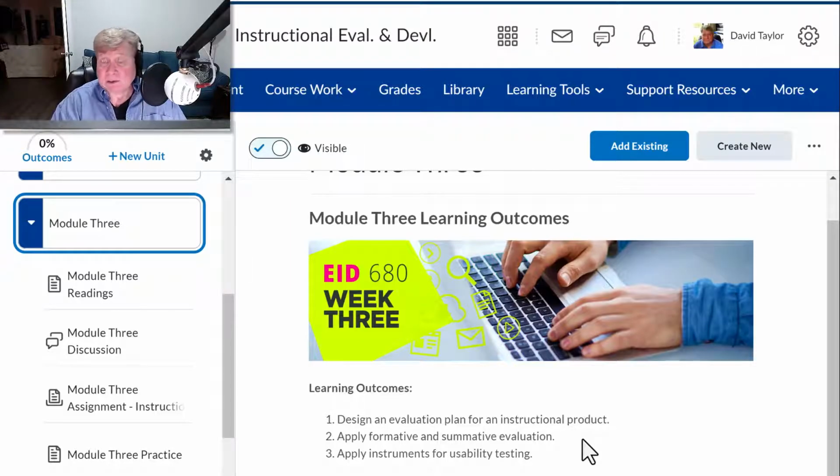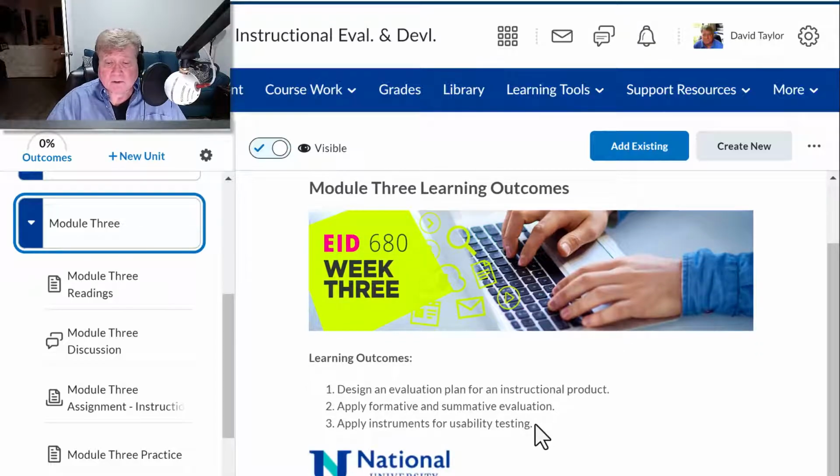As opposed to a summative evaluation, that's when everything's done and basically it means you give a grade or some kind of final evaluation. And of course this week you're going to identify and apply some instruments for evaluation, here being called usability evaluation. So let's take a look first at our readings.